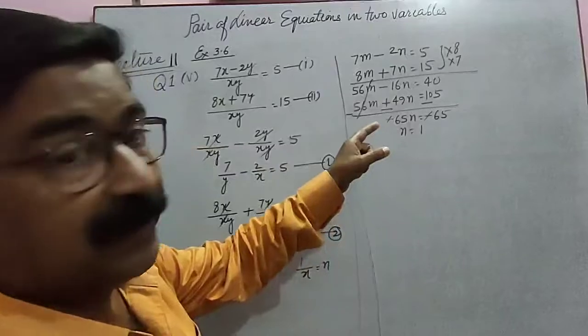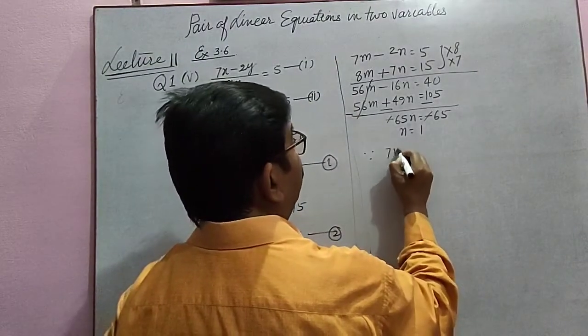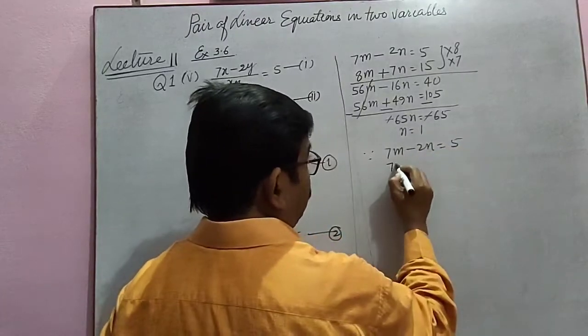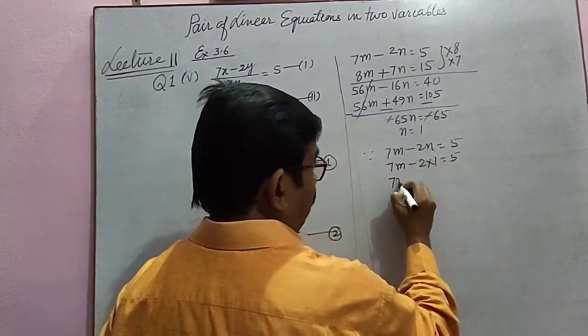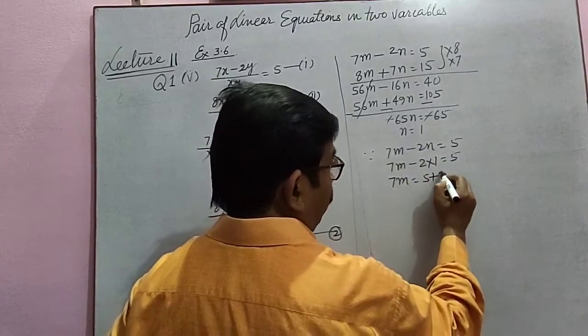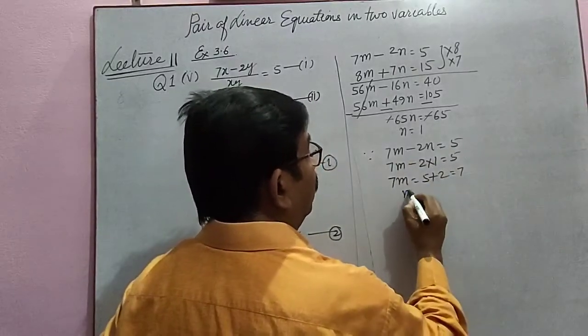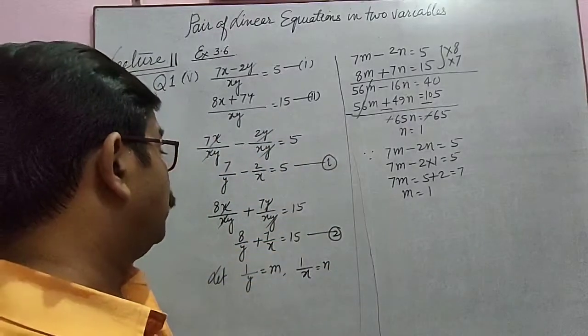Put the value of n in any of the equations. Like, since 7m minus 2n is equal to 5, 7m minus 2 into 1 is equal to 5, 7m is equal to 5 plus 2, this will go to the right side, is equal to 7. So m is equal to 1. So m is equal to 1 and n is equal to 1.